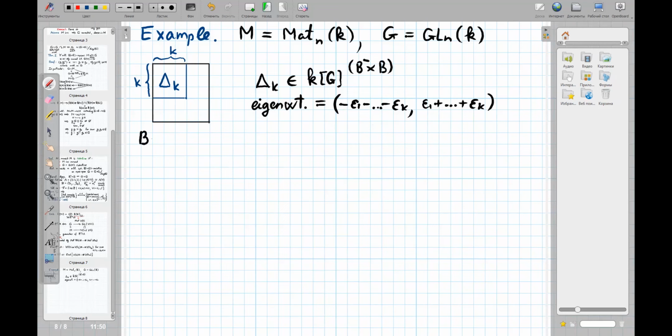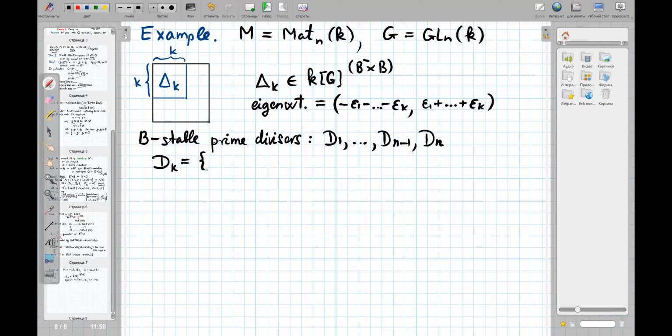So the B-stable prime divisors are the following: D1, etc., Dn minus 1, Dn, where Dk is exactly the set of matrices where delta k vanishes.